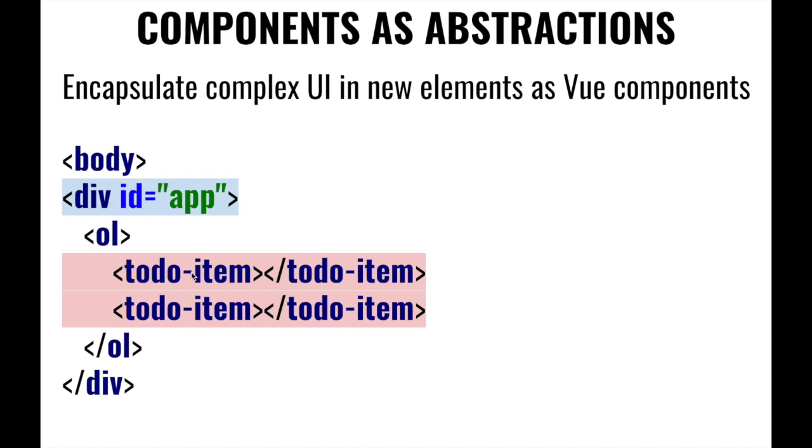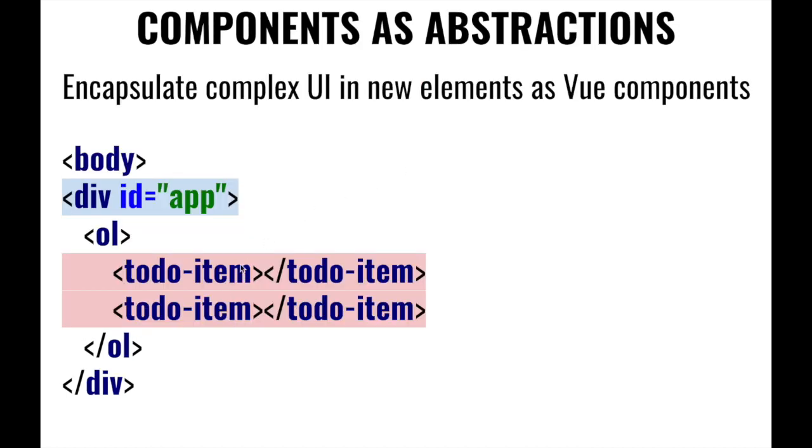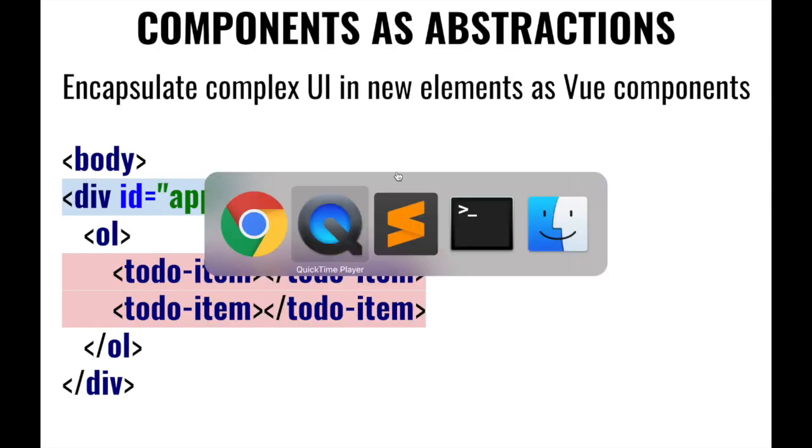What Vue is going to do is that when it parses the DOM, it's going to find these references to these component elements, and it's going to replace them with the templates that were declared earlier. So this template right here, this is a to-do. So these two items right here are going to be replaced with this content li. This is a to-do.